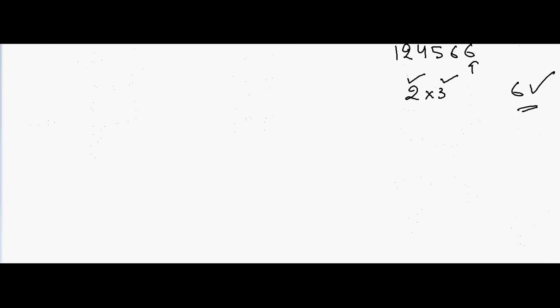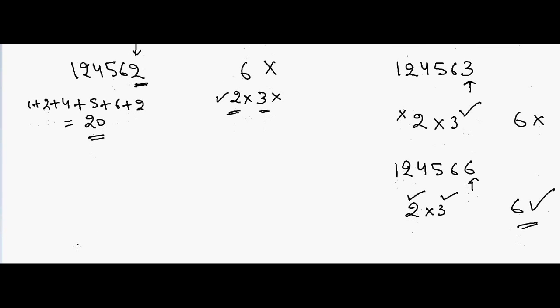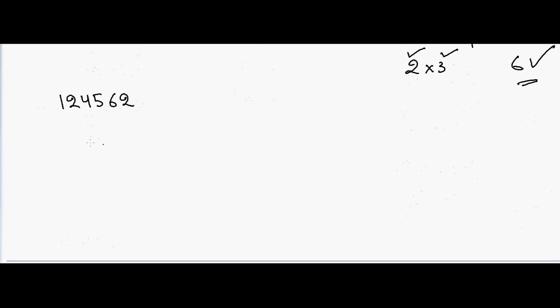Now let's go for 8. So now we have 1 2 4 5 6 2, and we want to find out whether this number is divisible by 8. So in that case, we'll take the last 3 digits and see if 562 is divisible by 8.